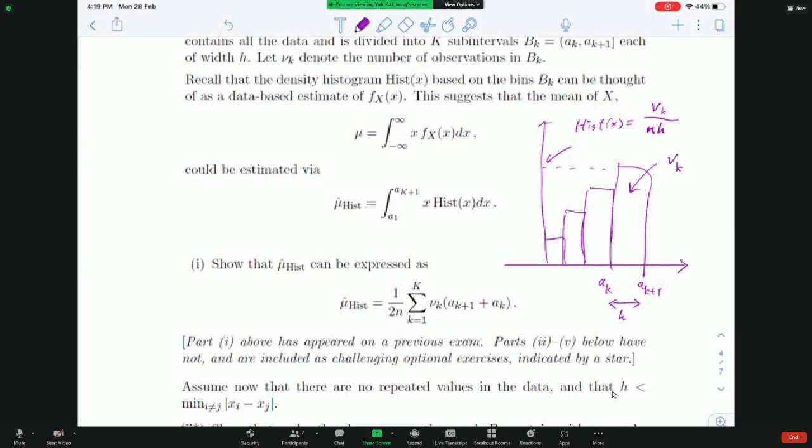And what is the height of the rectangular block? It is equal to the area divided by the width of the rectangle. So you divide the area by the width, and that will give the height. That's why the height of the histogram is this proportion divided by the width.